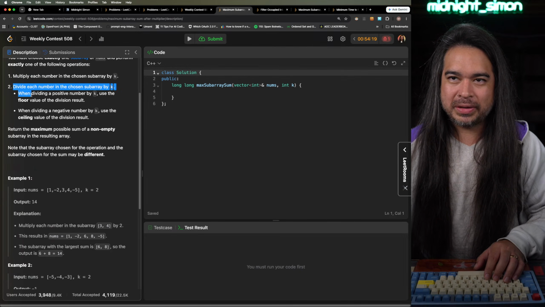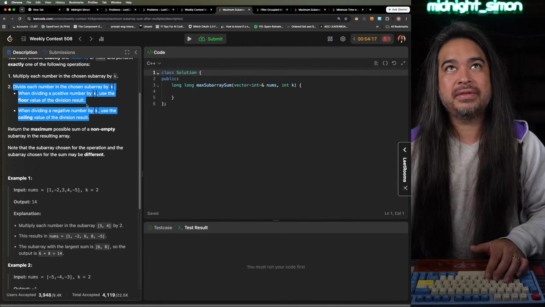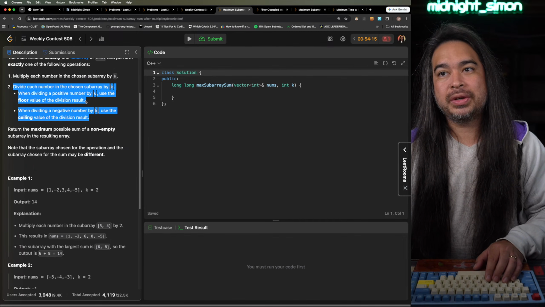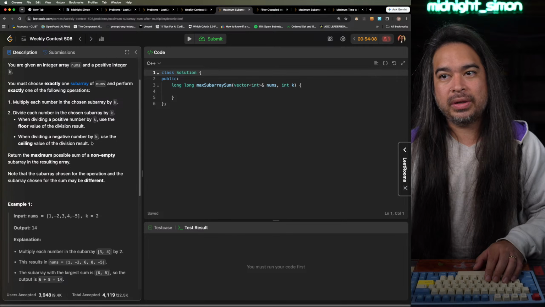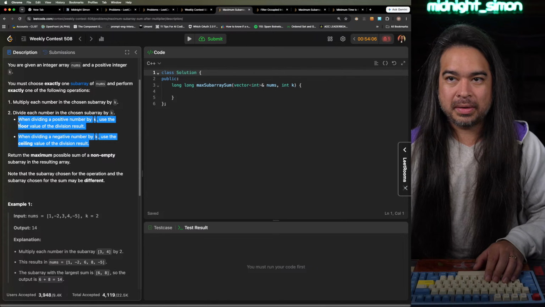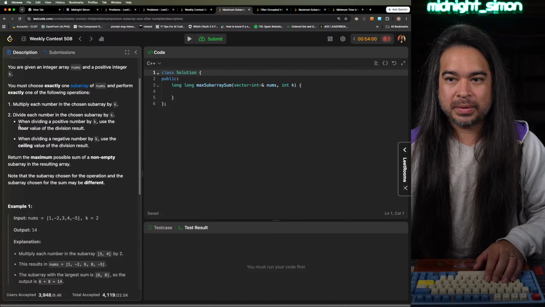But I don't know about this divide stuff. I guess the divide thing comes into play when every number is negative. And if every number is negative, I'm not sure what that means.